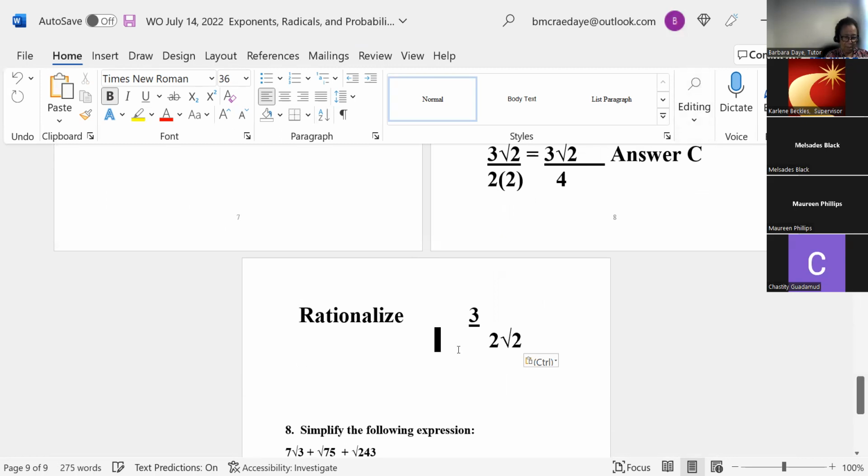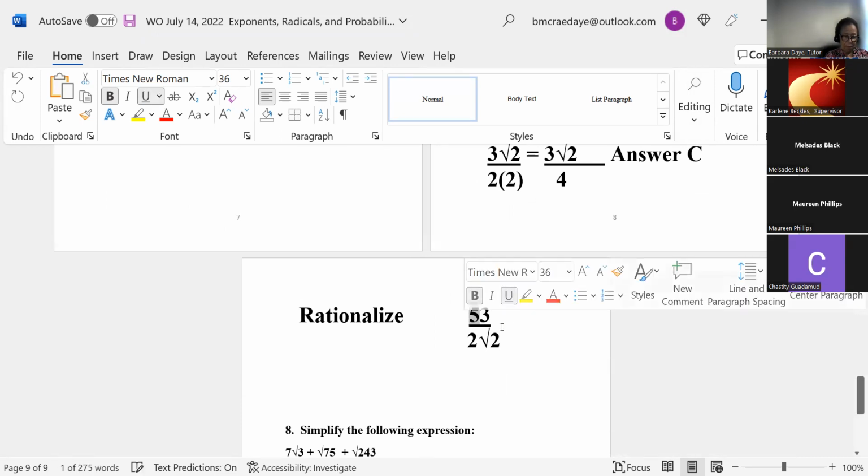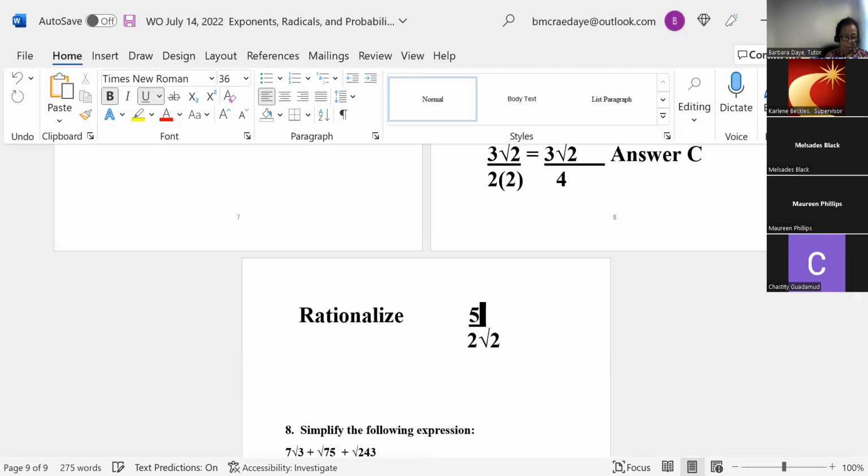Let's make the numerator a 5, and then the bottom number I'll make 7 times the square root of 3.